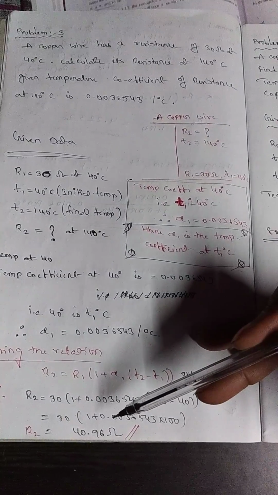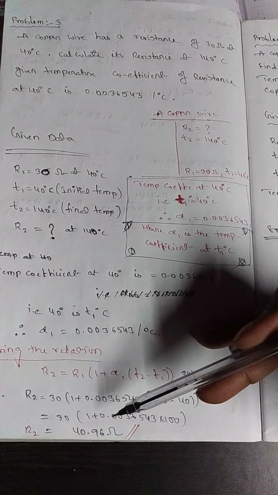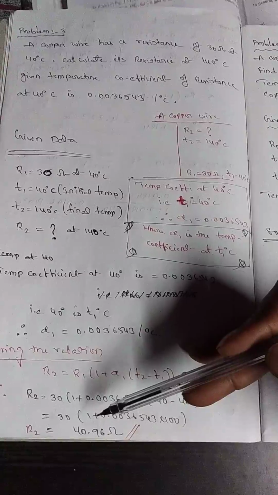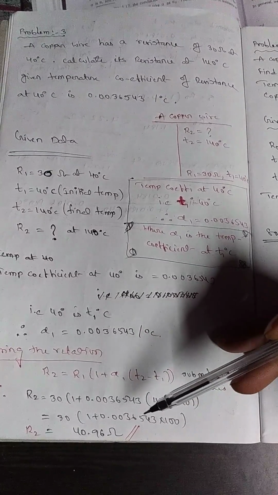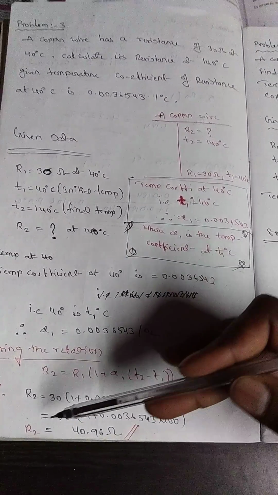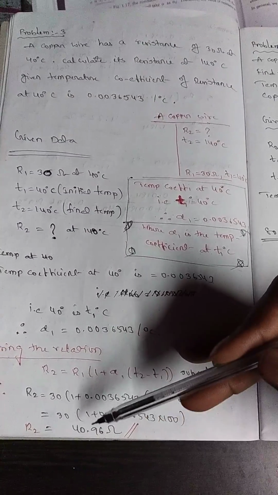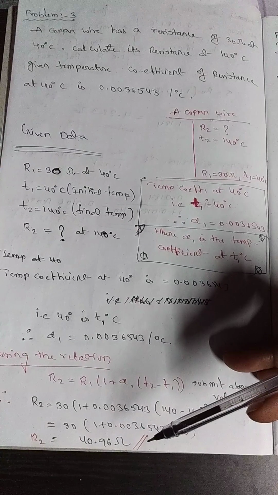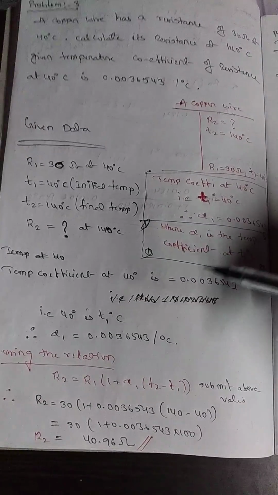The decimal moves two places to the right, giving 0.36543, plus 1 is 1.36543, into 30, and you will get the R2 value as 40.96 ohms. Hope it is clearly understood. Thank you.